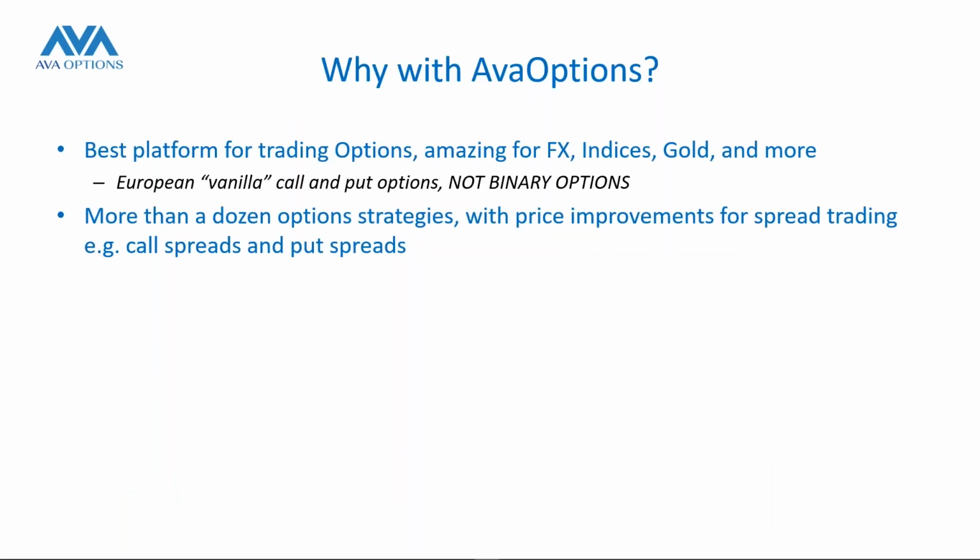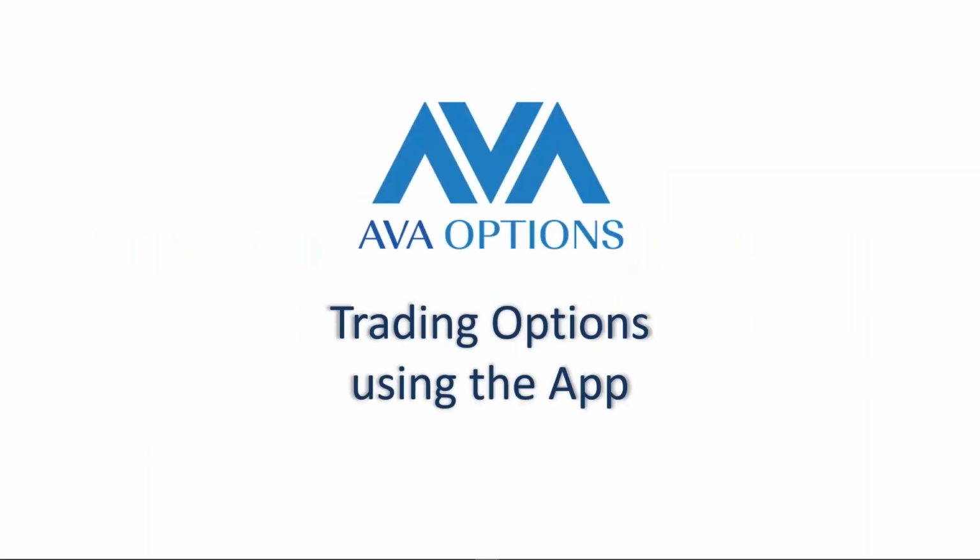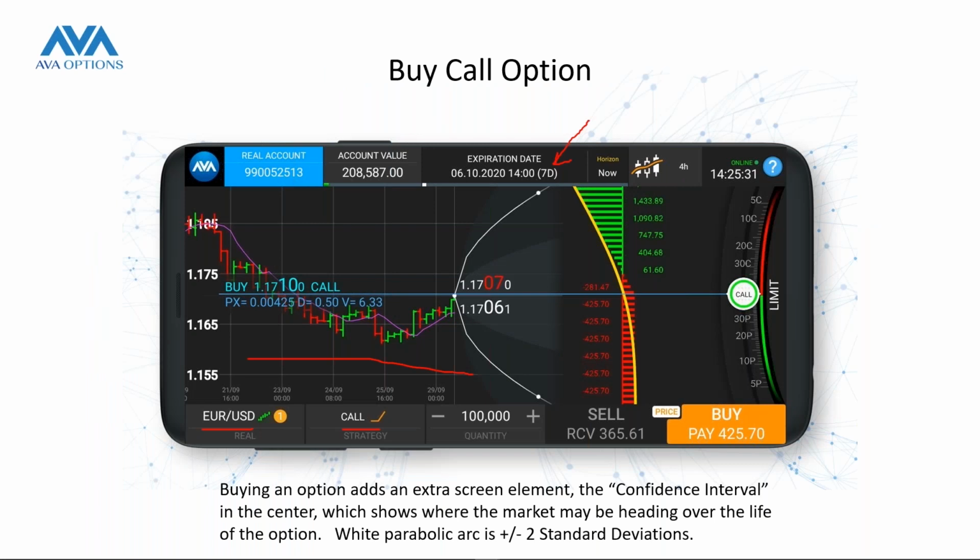A 95.4% chance, or 95% expectation, that we're going to be within 2 standard deviations at expiration. So basically, we're pretty confident that the market's going to be somewhere on this page at expiration. Shaded in a little bit more faded, you can see another arc. That's plus and minus 1 standard deviation. And then further out, you can see plus and minus 3 standard deviations.